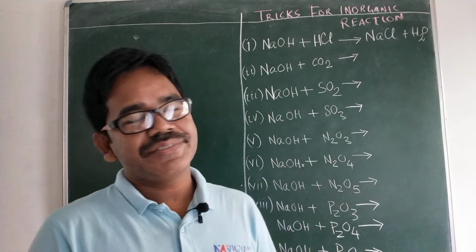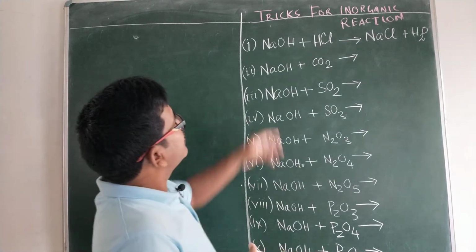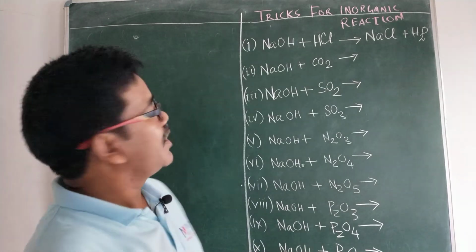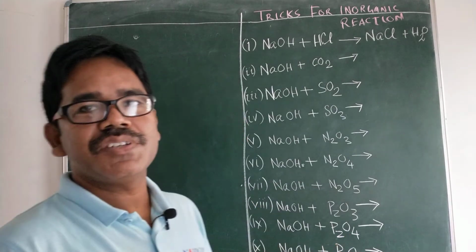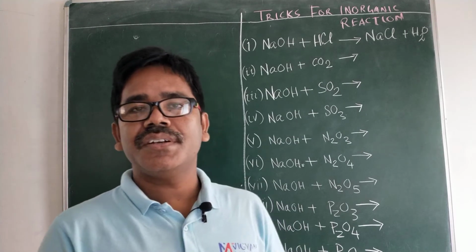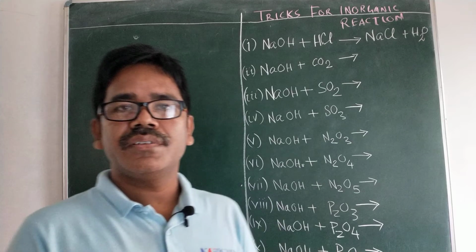Let's concentrate. Suppose if I ask the first reaction, sodium hydroxide plus hydrochloric acid. Obviously, it is an acid-base reaction. You all know. Sodium hydroxide dissociates as Na plus and OH minus in aqueous solution.